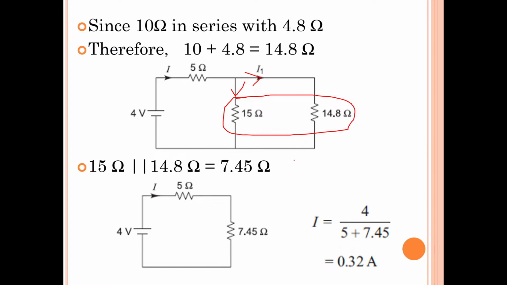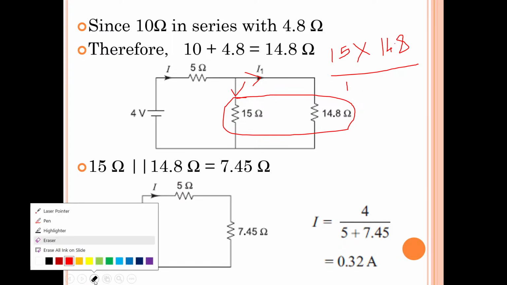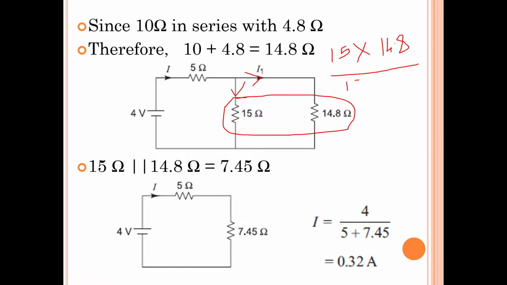So what is the equivalent resistance? 15 into 14.8 divided by 15 plus 14.8. I don't know whether this is visible.